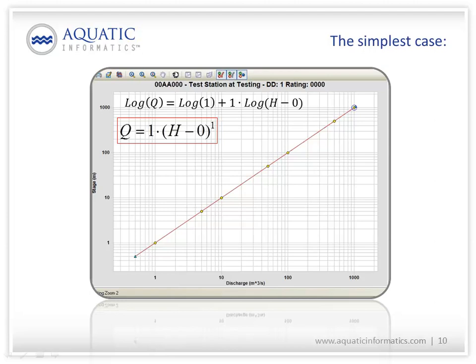If we set our beta value, our coefficient, as 1, our offset value, the point of zero head, as 0, and our exponent as 1, then we have log Q equals log 1, which evaluates to 0, plus 1 times log stage minus 0, which evaluates to log stage. So if log Q equals log stage, then basically Q equals stage. So we have this beautiful one-to-one line on our logarithmic plot.